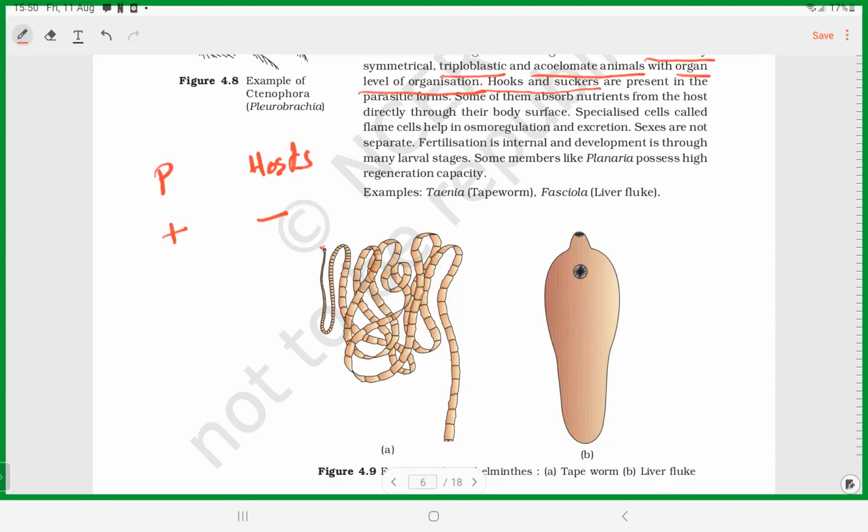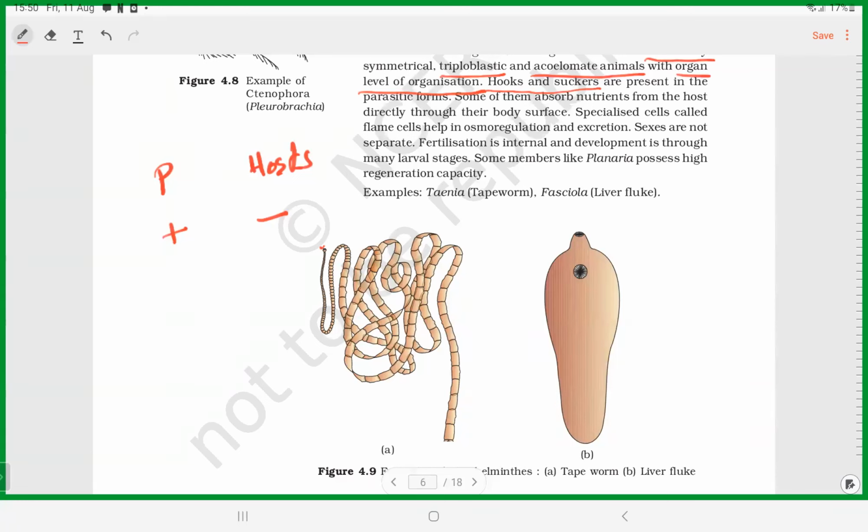They help them attach to maybe our intestine or any part of the body. They hold the host with these hooks, and then the suckers for what?